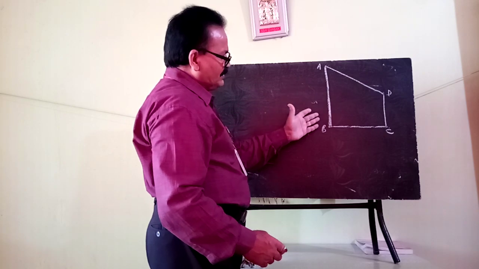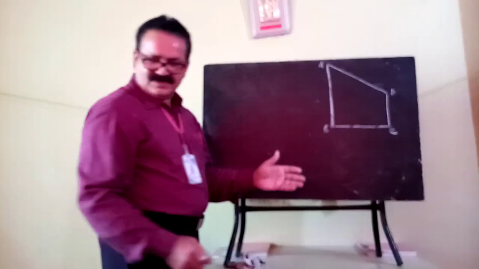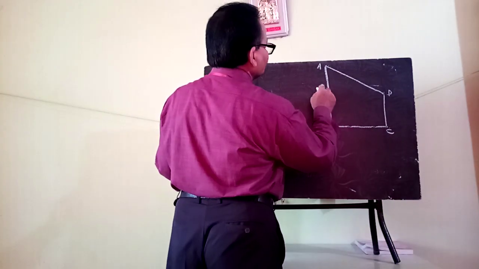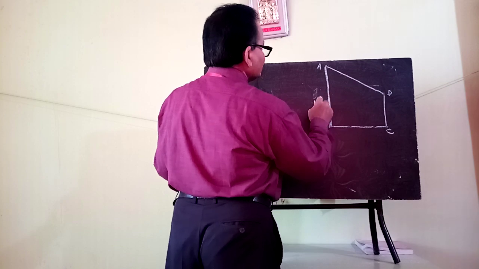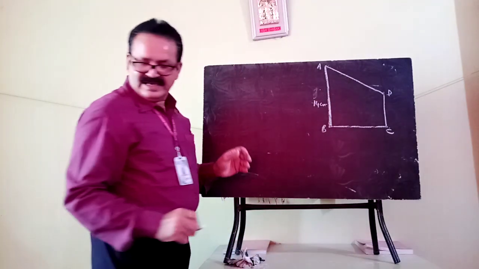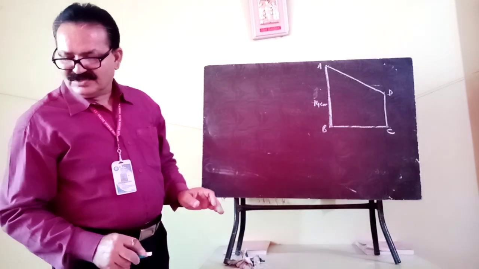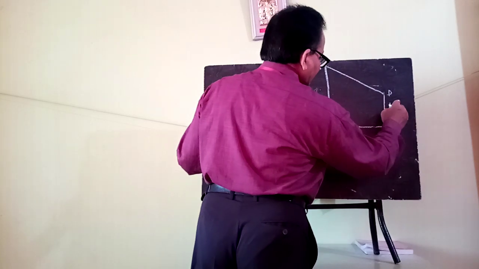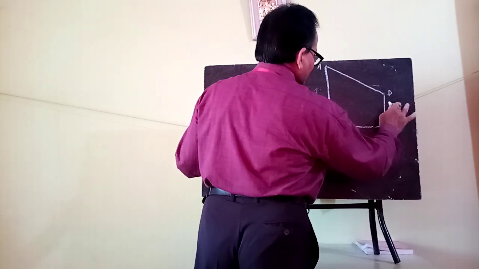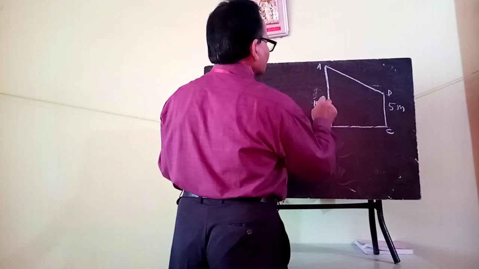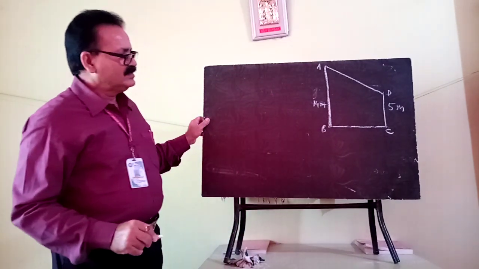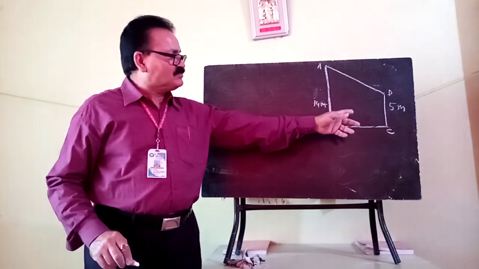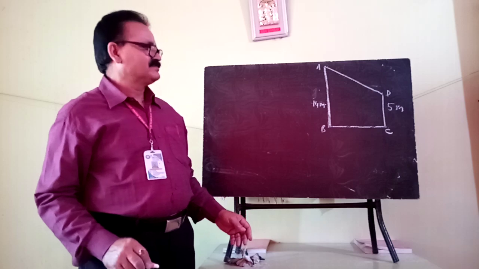The height of AB is 14 meter, and the height of CD pole is 5 meter. Height of AB is 14 meter and height of the other pole CD is 5 meter.